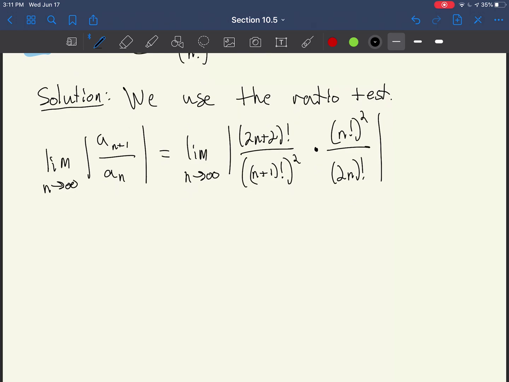So now we start to simplify this. And what you're about to see is the standard way that you're going to try to simplify factorials, especially when using the ratio test.